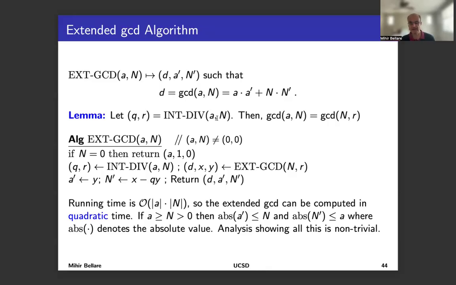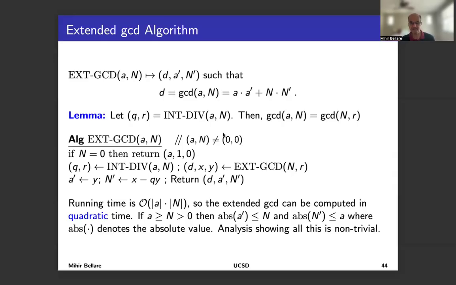What I do is I divide a by n to get quotient and remainder. And then the lemma, or the fact, is that the GCD of a and n is the same as the GCD of the second number and the remainder we got here. And the reason this is progress is that, thinking of a as larger, r is smaller than n, and so we've effectively shrunk the size of the numbers. And if we keep repeating this, we'll get down to a case where the GCD is trivial to compute.